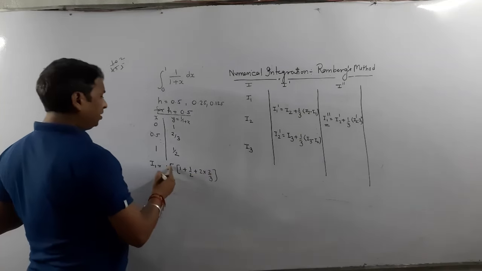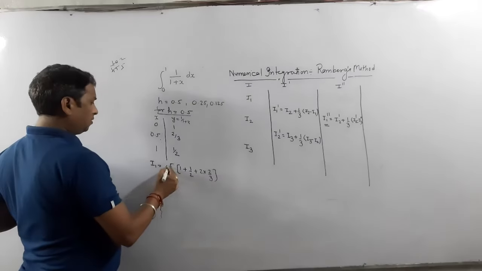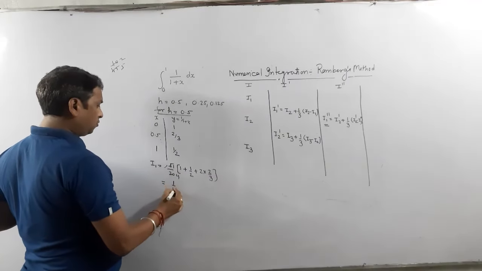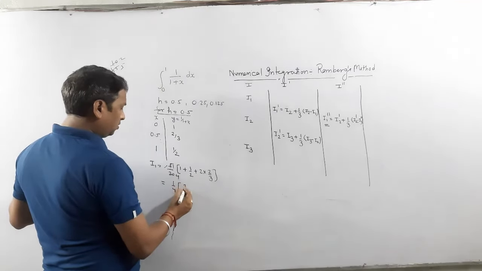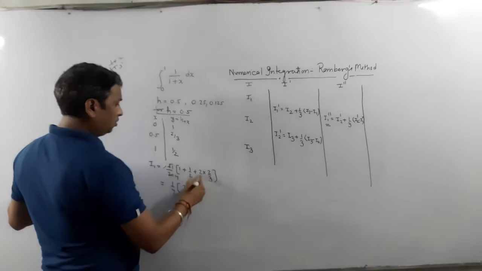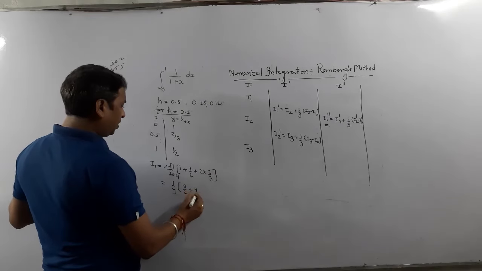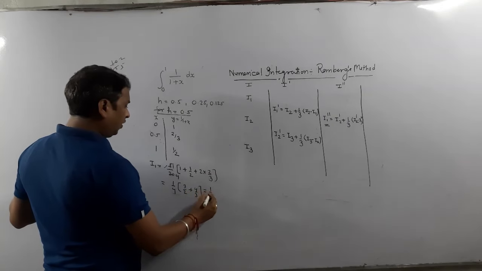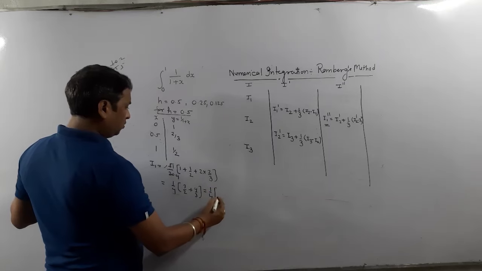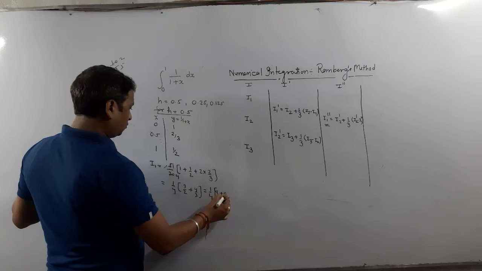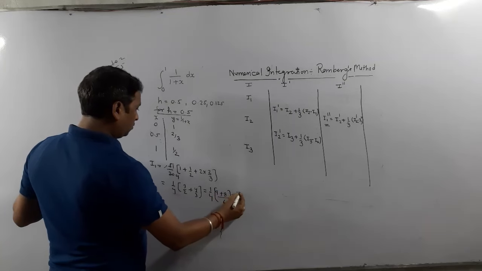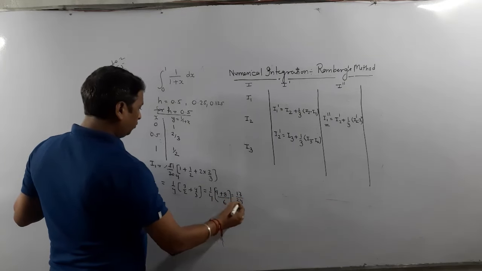So 0.5 by 2 means 1 by 4, times 1 plus 1 by 2 plus 4 by 3. The final value is 17 by 24.